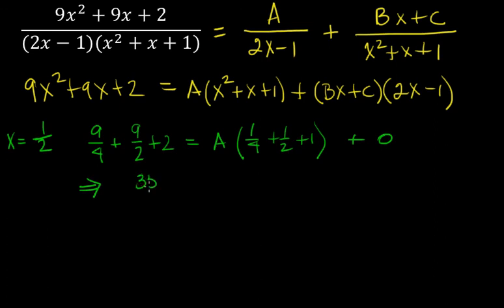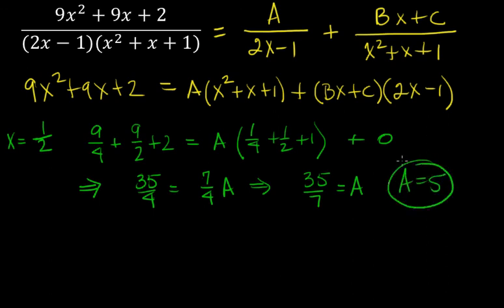This implies that 35/4 is equal to 7/4 a, which gives us 35/7 is equal to a, or a is equal to 5. So I can go up here and put 5. And I can go right here and put 5. I'm going to need it.